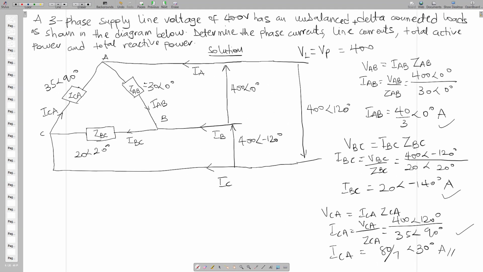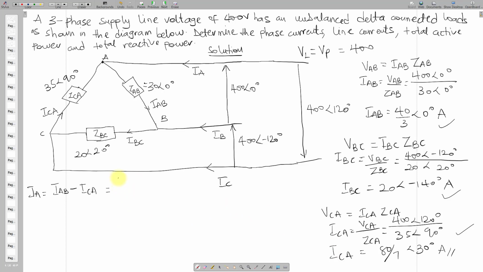And then in the question we had to find the line current also. Line current over here is IA. But then IA, when it reaches this node, should go this way and that way. So we can say that IA should be equal to IAB minus ICA. But then we have the value of IAB over here and ICA over here. So we just substitute.